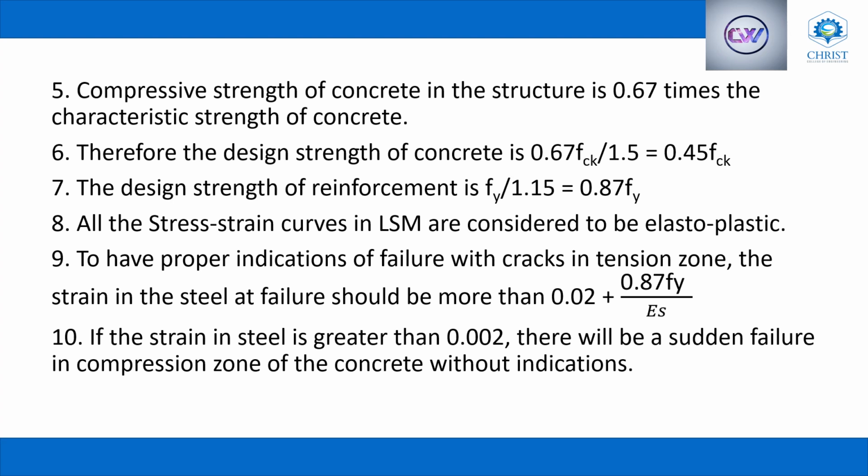Sixth one, therefore the design strength of concrete is 0.67 FCK divided by 1.5. Here we have to consider the partial safety factor as discussed former, so we divide it by 1.5. 0.67 FCK divided by 1.5 is equal to 0.45 FCK.